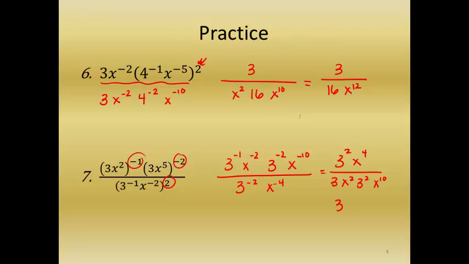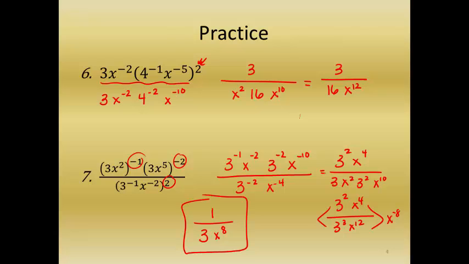So I have 3 squared x to the fourth over, and I'm going to have 3 cubed and an x to the 12th. And now I'm going to use the division or the subtraction with my exponents, leaving me only a 3 in the denominator because it's 3 to the first power if I take a look at these two. And then these two are going to leave me x to the negative 8th, which means it's in the denominator. So what goes in my numerator? A 1. And that is my final answer for this one.